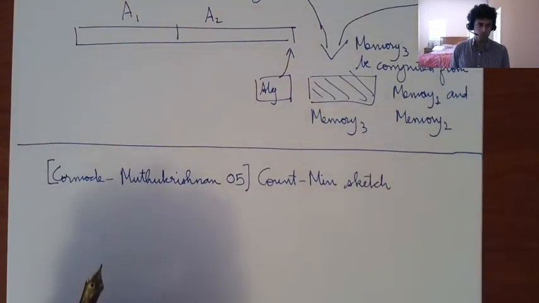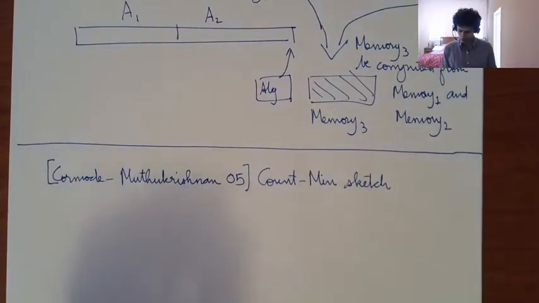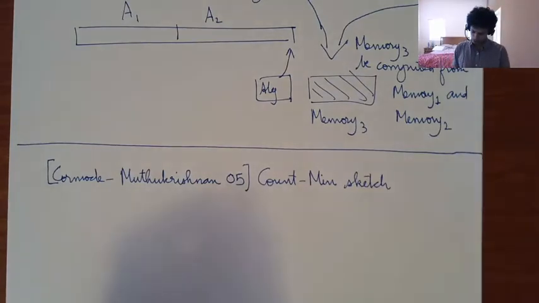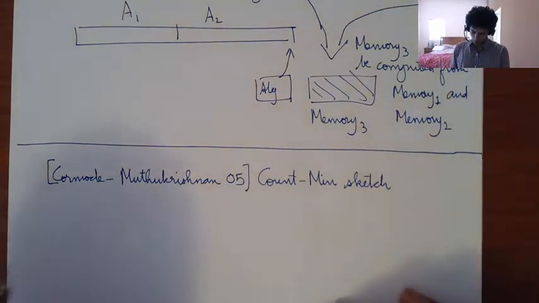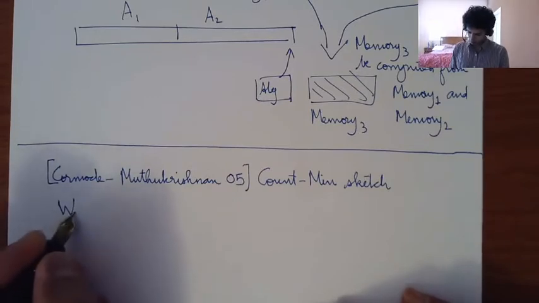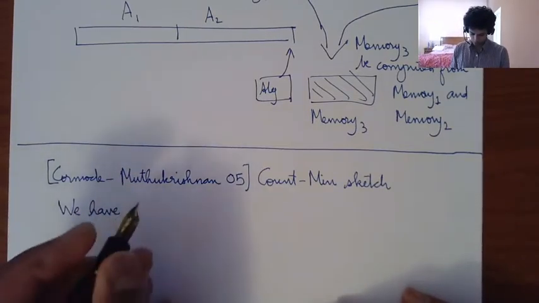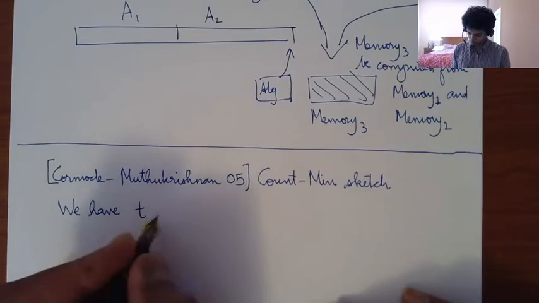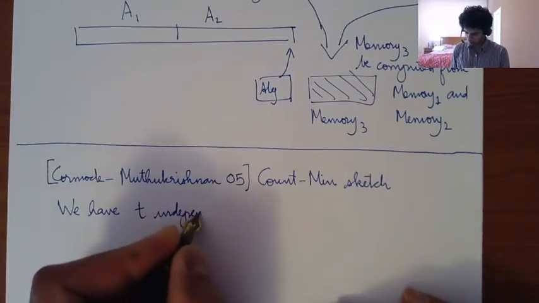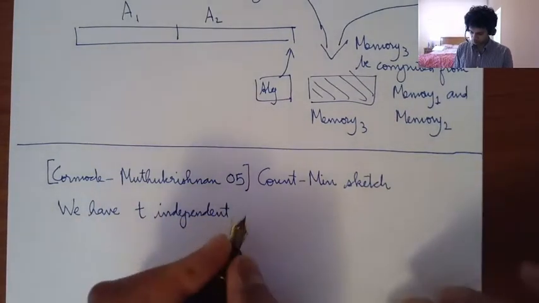It's reminiscent of Bloom filters, although I haven't taught Bloom filters, but the idea is similar. So the idea is that we have T independent hash functions.